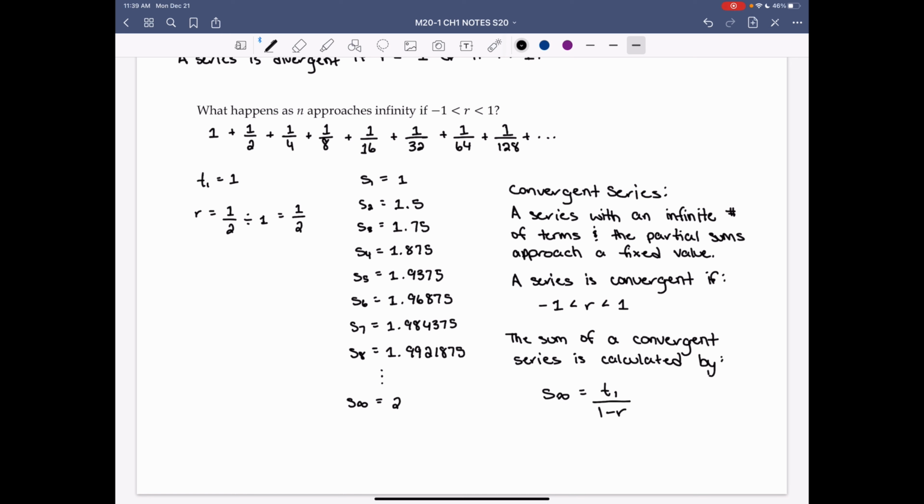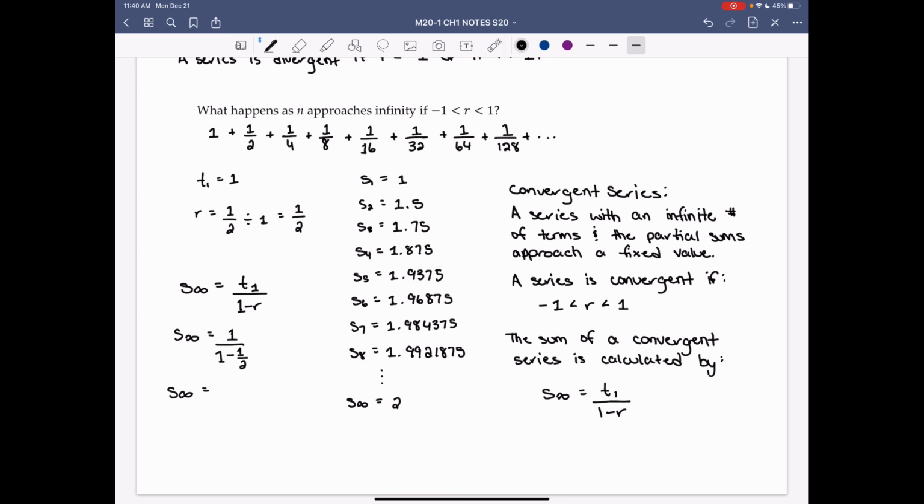Let's test this out for the series that we have here. T1 is 1 and R is 1/2. So S infinity equals T1 over 1 minus R gives us S infinity equals 1 divided by 1 minus 1/2.